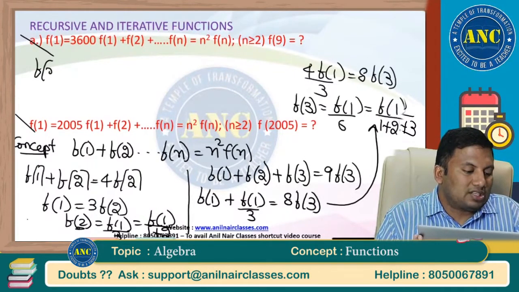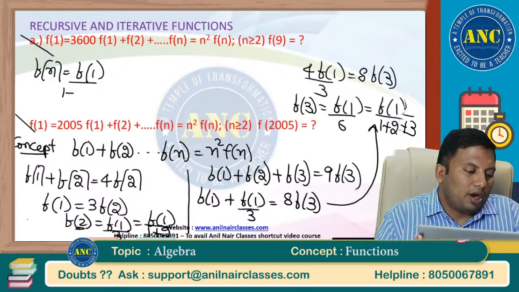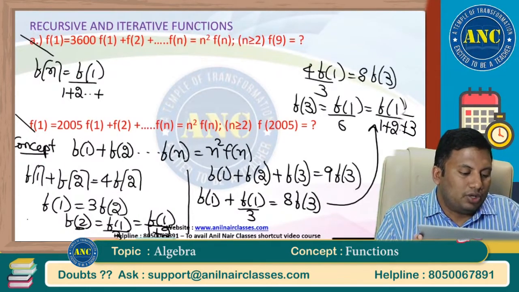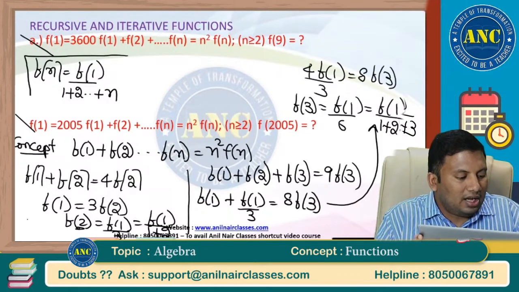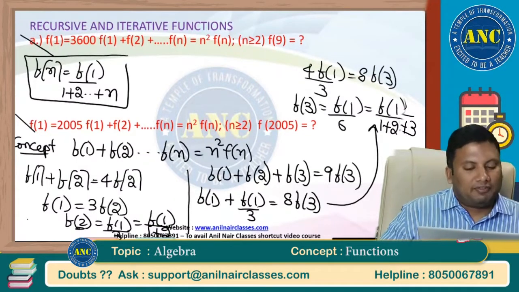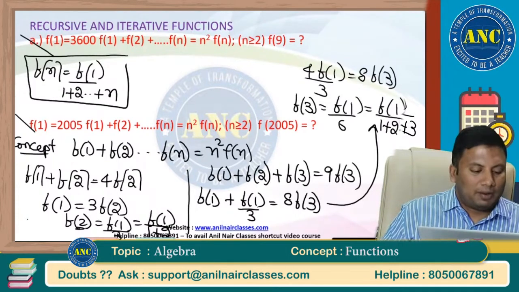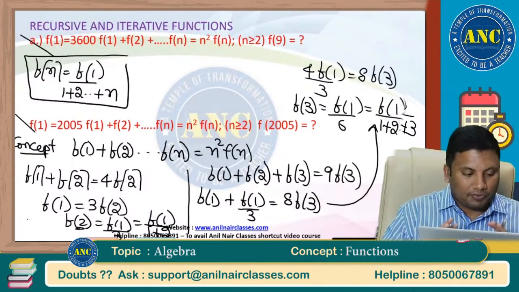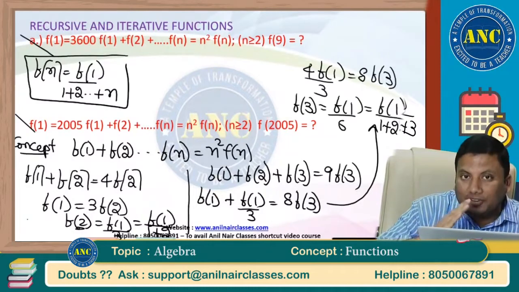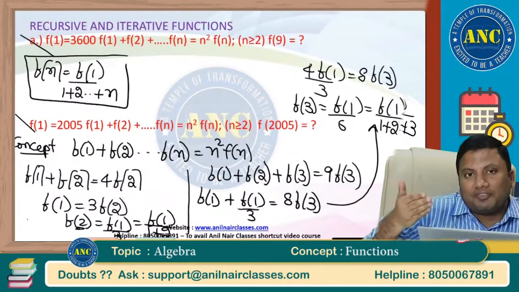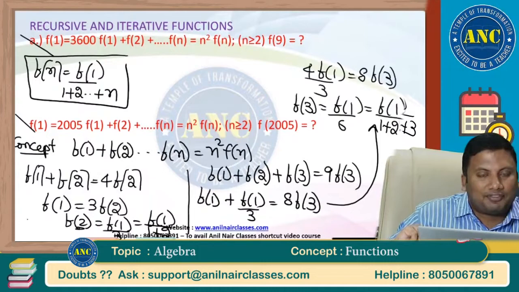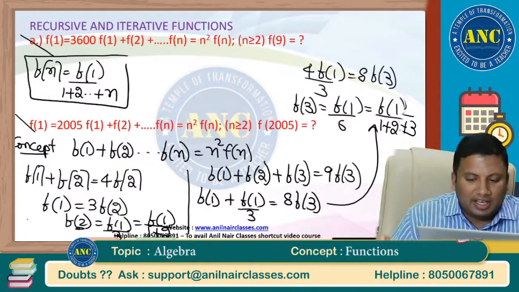So if it is f of n, it is f of 1 by 1 plus 2 and so on up to n. Very, very important. F of n is nothing but f of 1 by 1 plus 2 and so on up to n. Do everything after f of 1, every other function, convert it into f of 1 form, then it will be very easy for you.